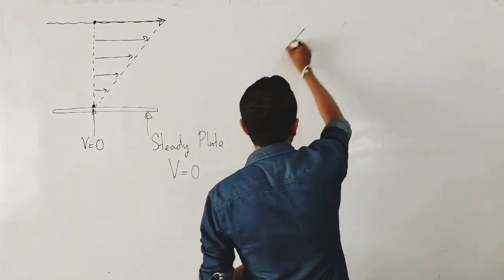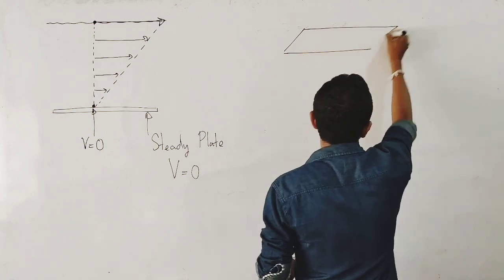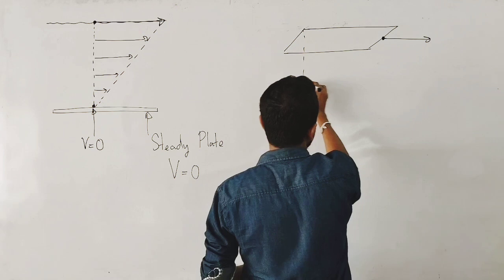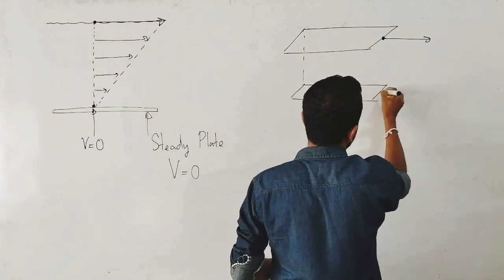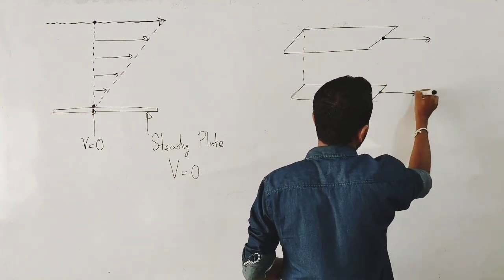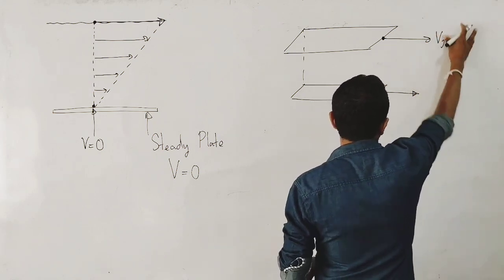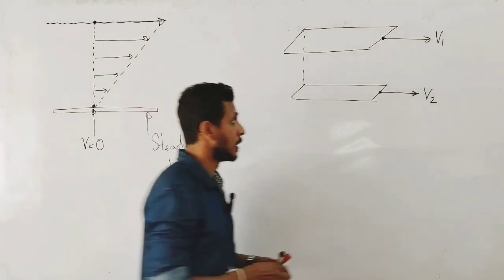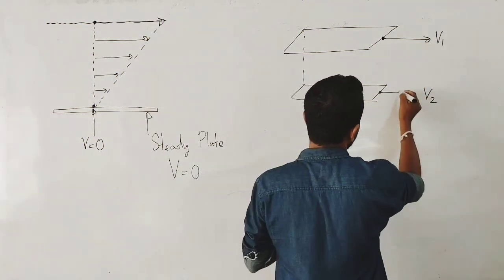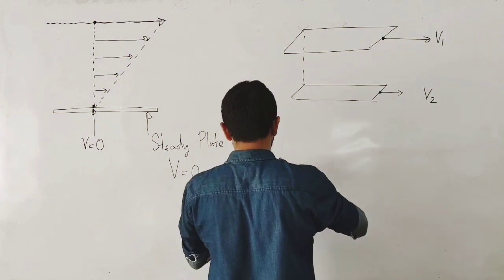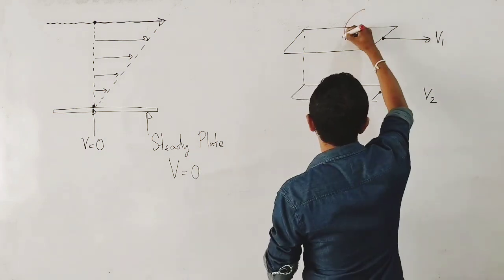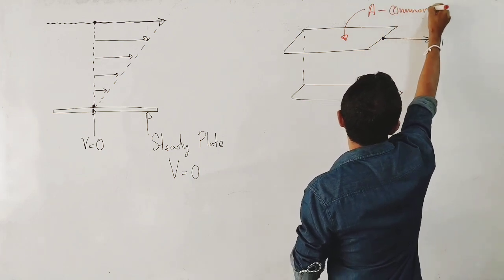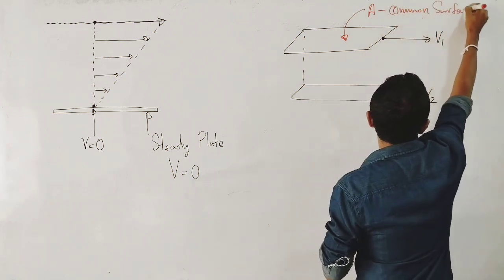We will take two velocity layers which have two velocities. Everyone here knows the top layer has the higher velocity, and the bottom layer has the lower velocity. I will take them as V1 and V2. So V1 is much higher than V2. The common area of these two layers, let's take as A, the common surface area.